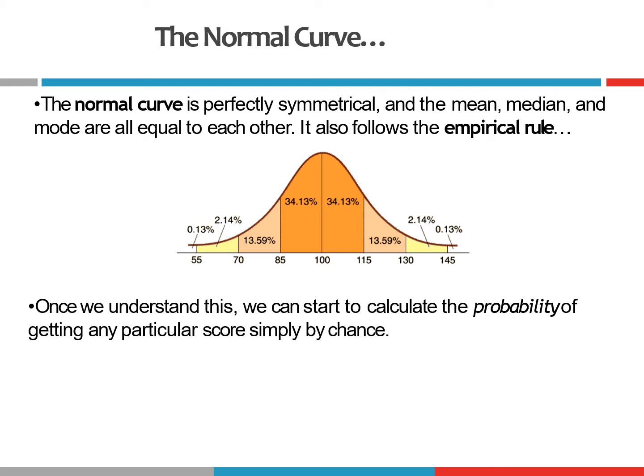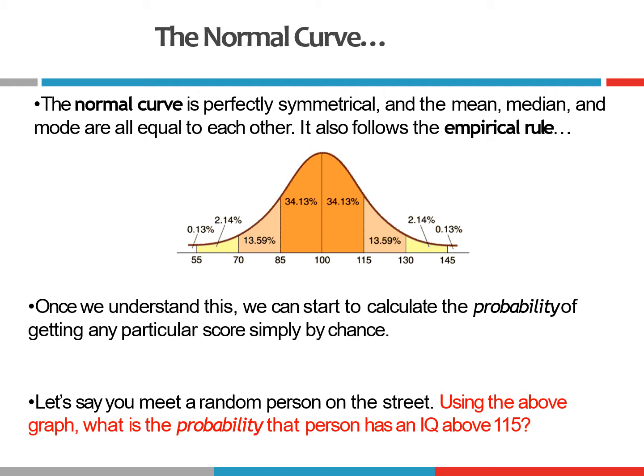So once we graph our normal distribution in this way, okay, it allows us to start estimating the probability of getting any particular score by chance, right? So for example, let's say you meet a random person on the street, right? So using the above graph, what is the probability that that person has an IQ above 115, right?